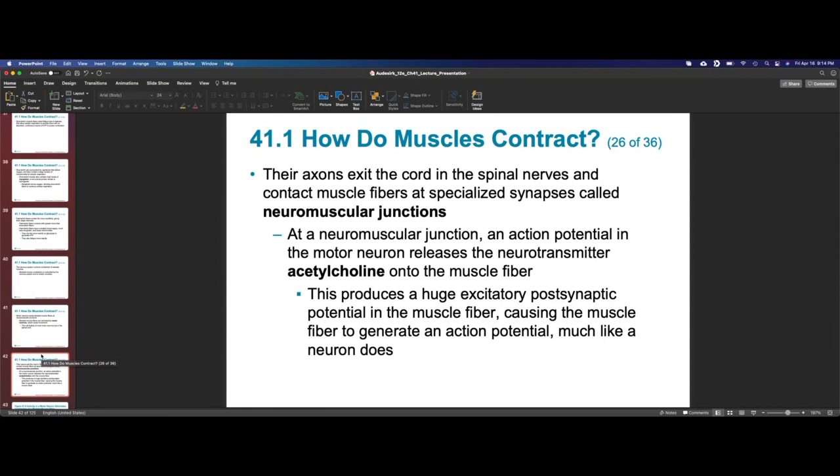And so neurons and nerves don't actually touch the specialized cells that they're interacting with. There's a small gap there called a synapse.